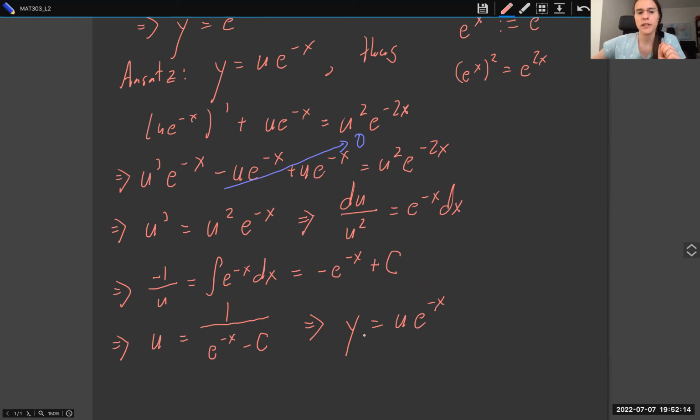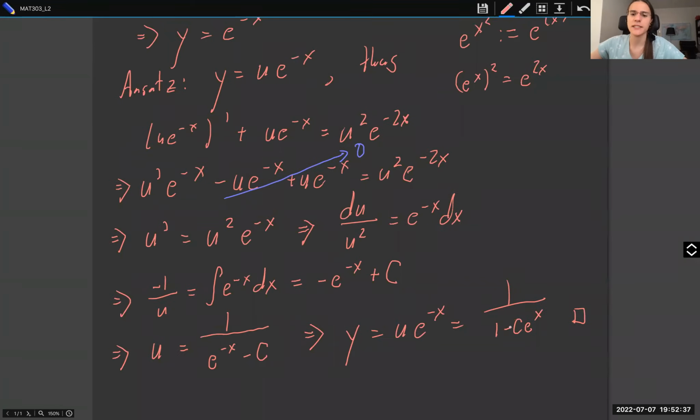So what we do is we multiply the bottom by e to the x. Sorry, when we multiply the bottom by e to the x, we get 1 minus c e to the x, right? No sign error anywhere. And this agrees with our previous answer. There we had plus c, but the constant is any number. So this gives us exactly the same solutions, right?